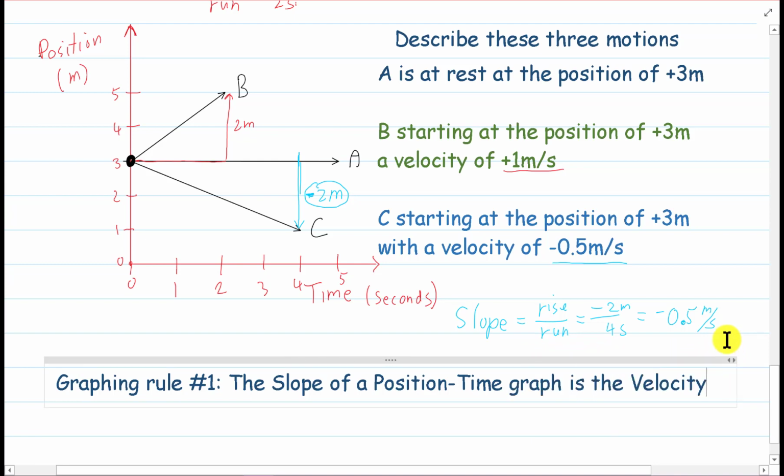The slope of a position-time graph is the velocity. And we're going to play a little bit, and then we'll come back to graphing rule number 2, but I'll have a space for it already. Graphing rule number 2. But we won't have that for another 10-15 minutes.